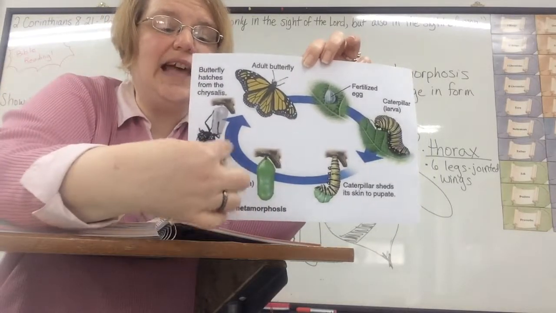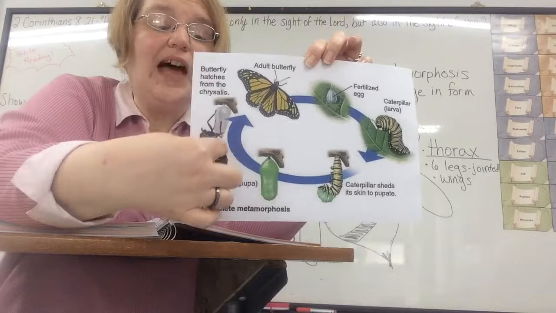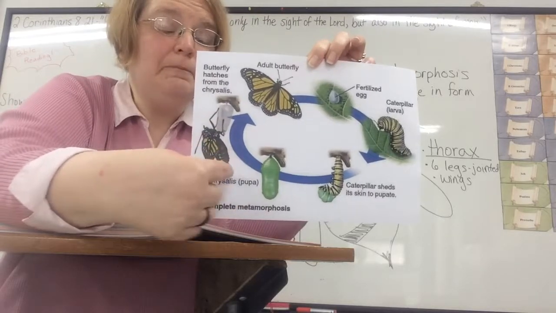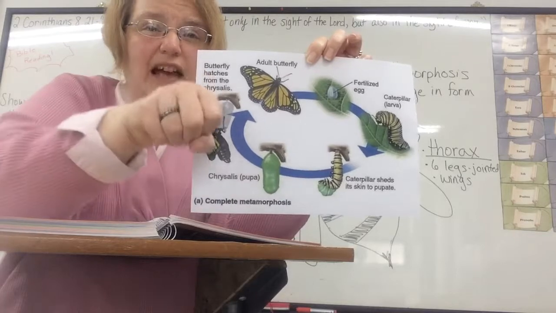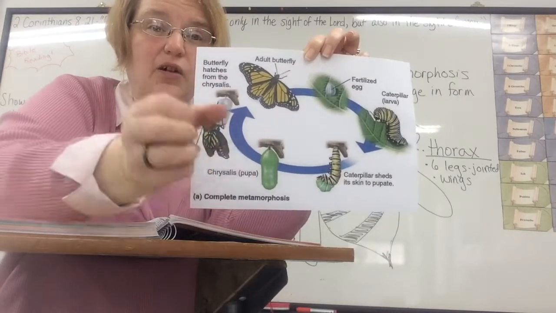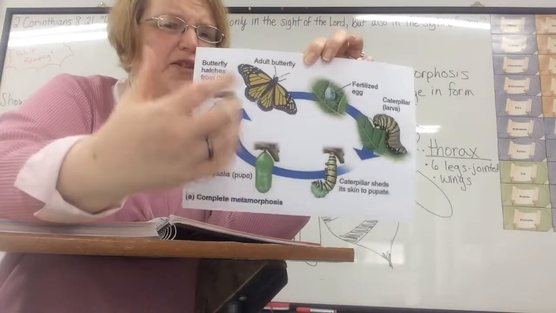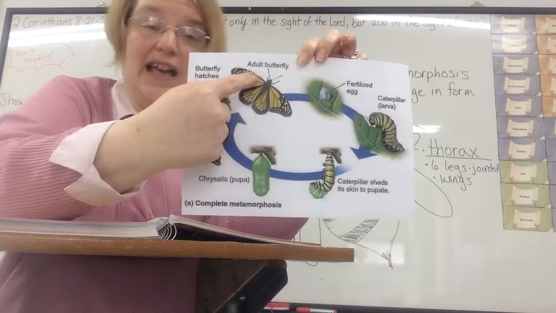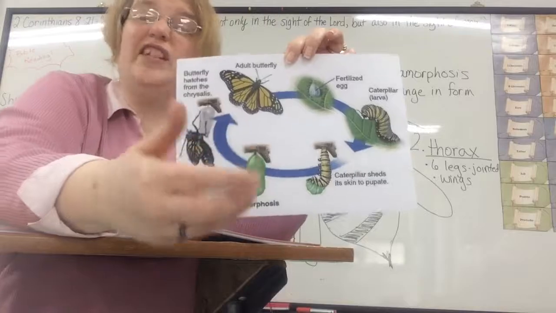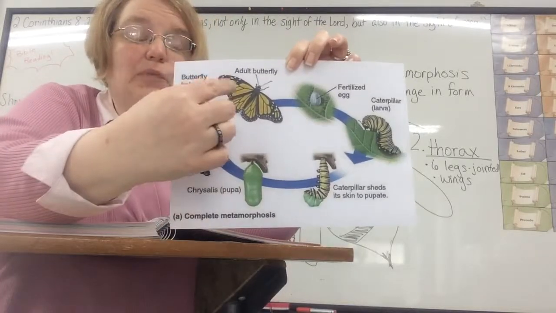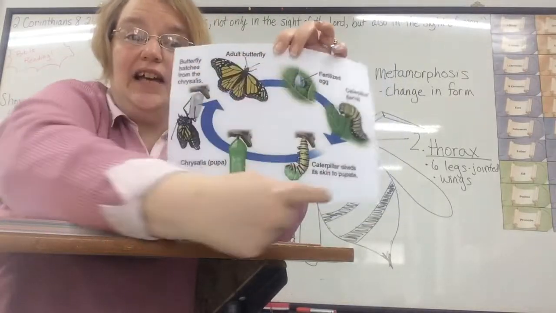You can see that its abdomen is really full. That is full of fluid, and it will push that fluid into its wings and cause its wings to get bigger. And then when it's ready, it will fly away as an adult to drink nectar from a flower. Now, if it's a female butterfly, it will begin to lay eggs, and the cycle starts all over again.